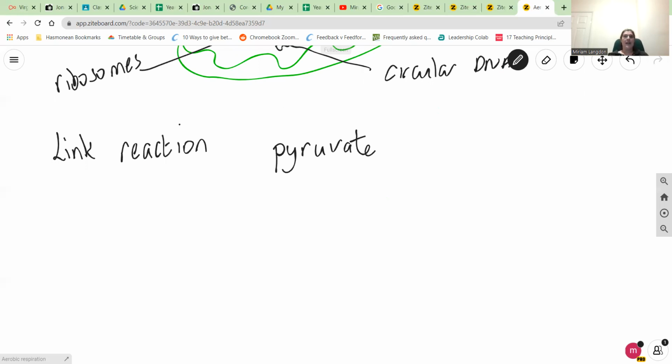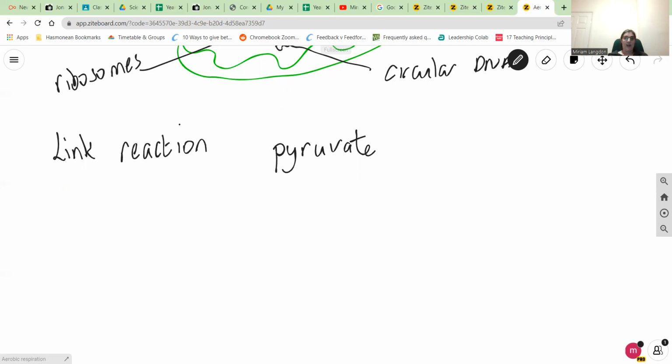The mitochondria can take in pyruvate. It cannot take in glucose, because glucose is too large. And that's a very common exam question, is why can it not take it in? In addition, it wouldn't be any use because glucose cannot be broken down in the mitochondria. It's only broken down in glycolysis, which takes place in the cytoplasm.